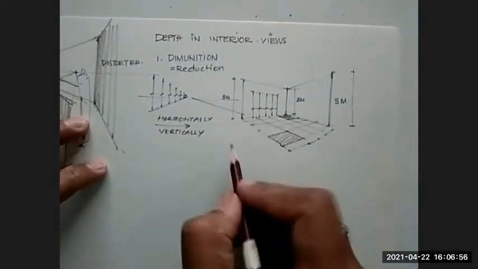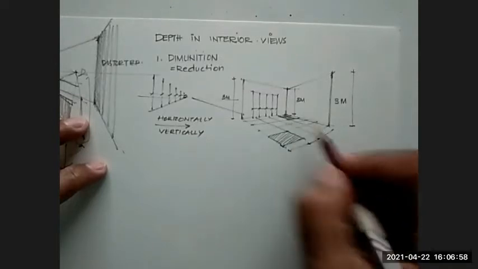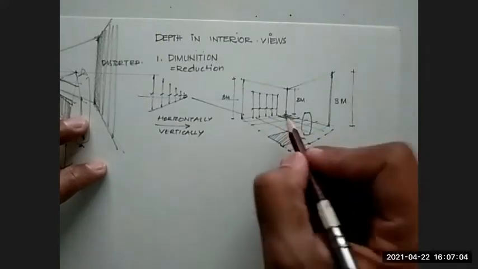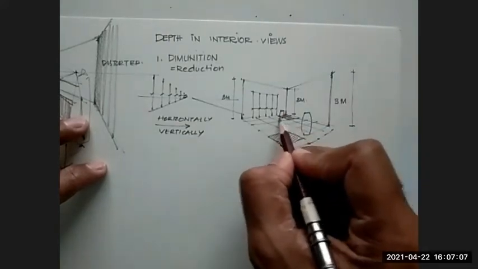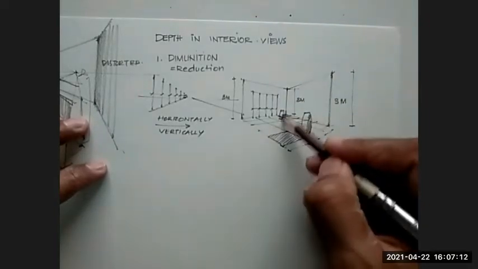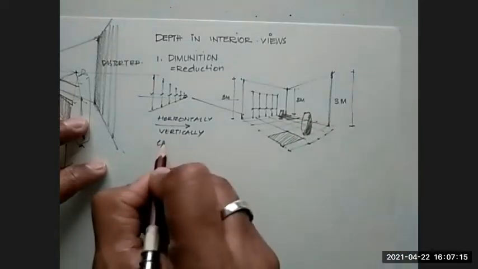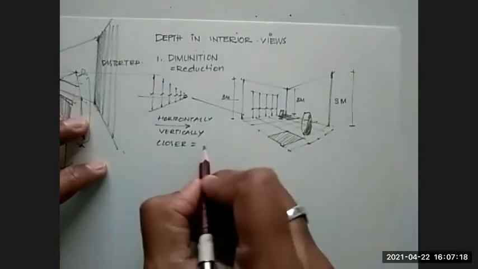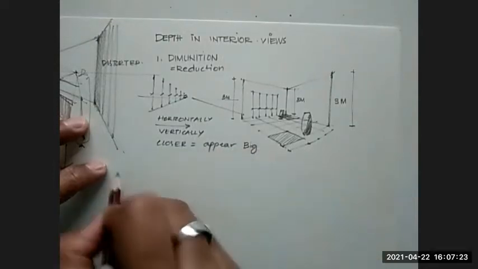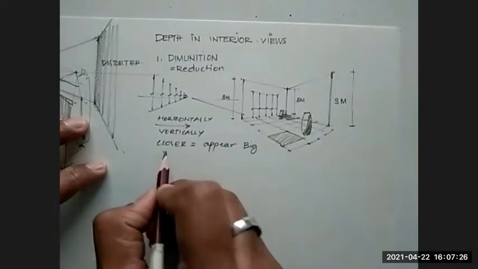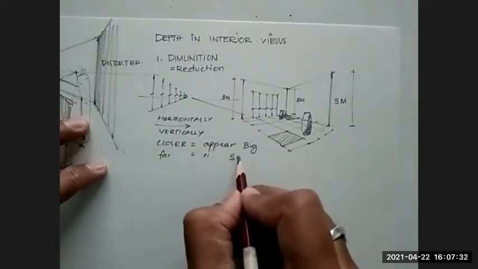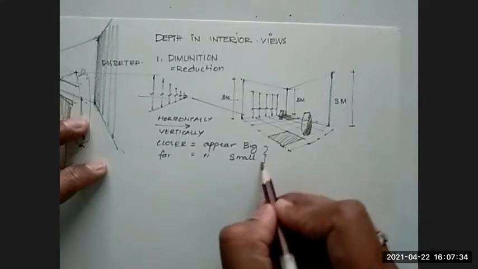If the object height is considered, let's say I have a flower vase which I place here, it will appear bigger than the flower vase kept here. So there is a distinct reduction in size of the objects also. The objects which are closer to you will appear bigger, and the farther they are, they will appear smaller, even if they are of the same size.